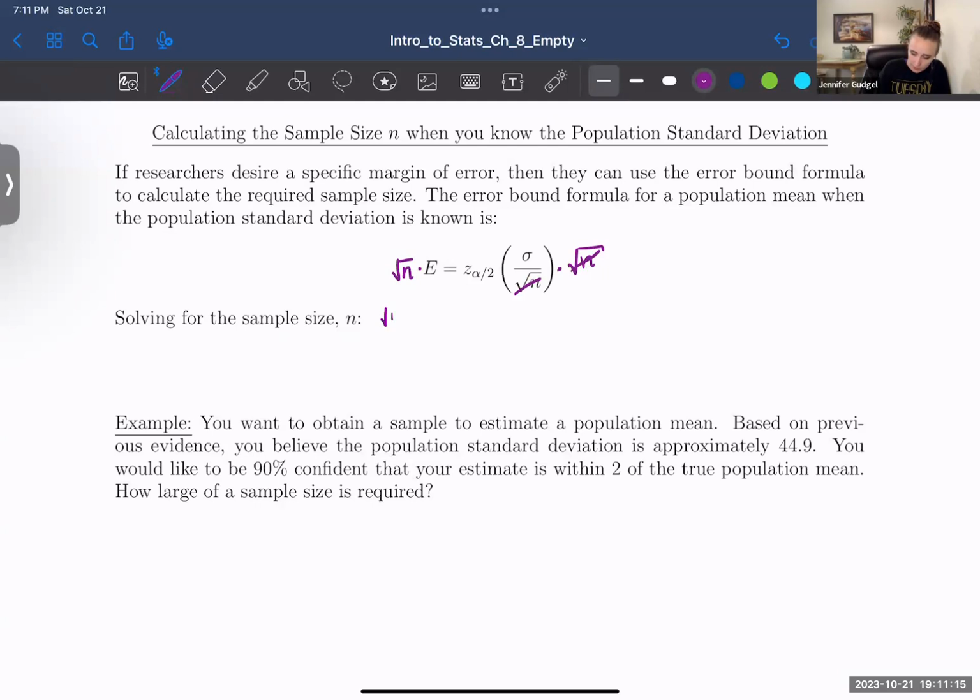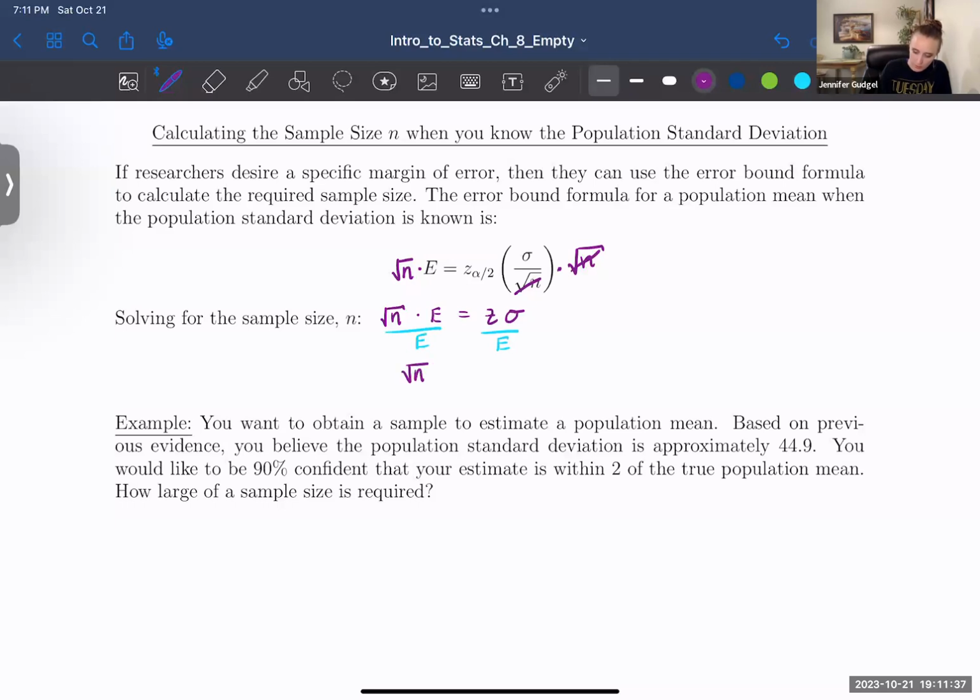So now I have the square root of n times e is equal to the z-score times sigma. I'm not writing the subindex on the z-score just to keep our work a little more neat. And then we could divide both sides by e. Again, I'm trying to solve for n.